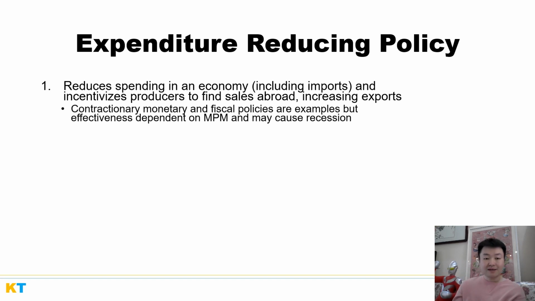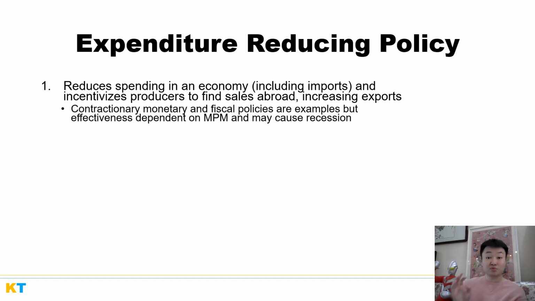There are examples, but the effectiveness of both of these policies depends on the marginal propensity to import. If we don't have a large marginal propensity to import, we're not going to have such a large effect on the current account with these two policies.